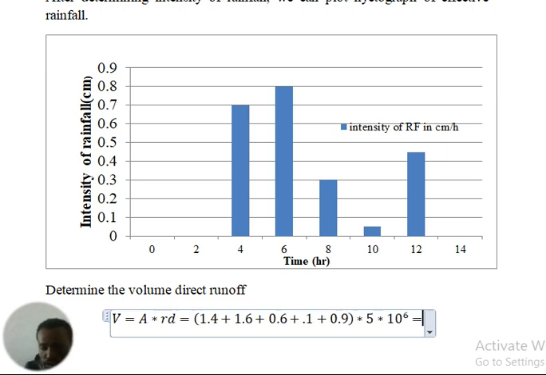Summing up, it is 4.6 centimeter times 5 times 10 to the power of 6 meter square.